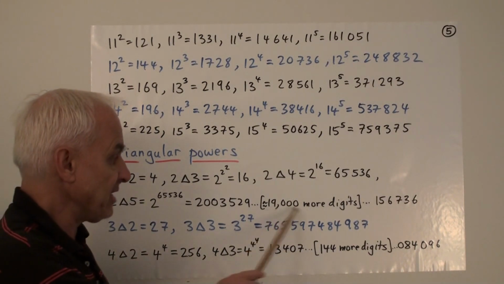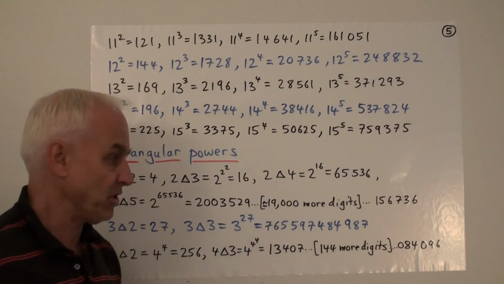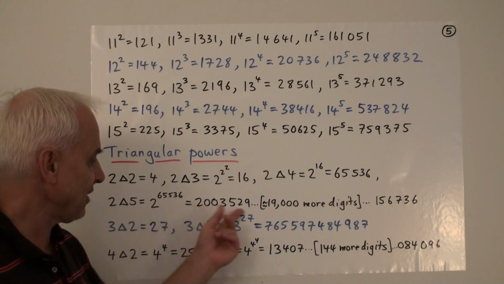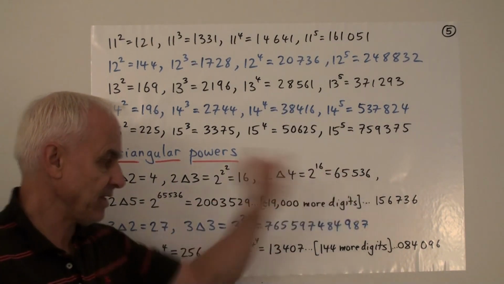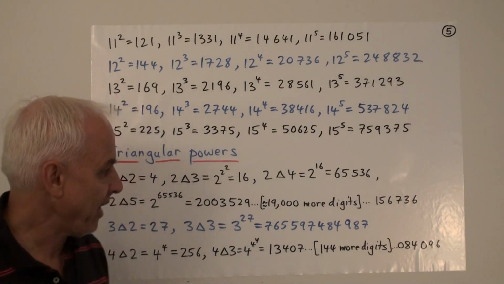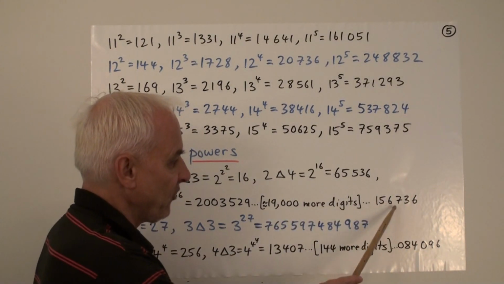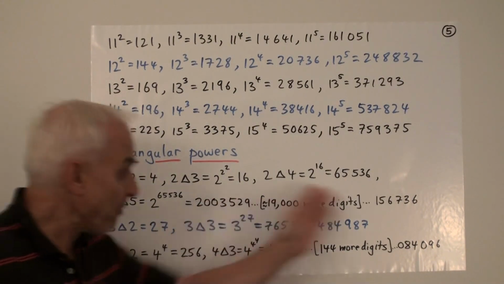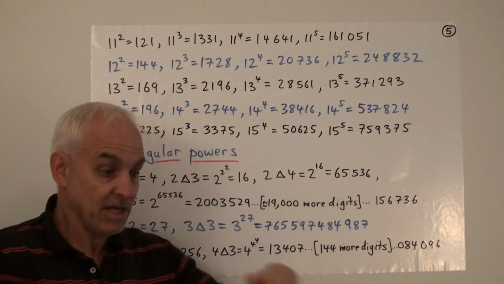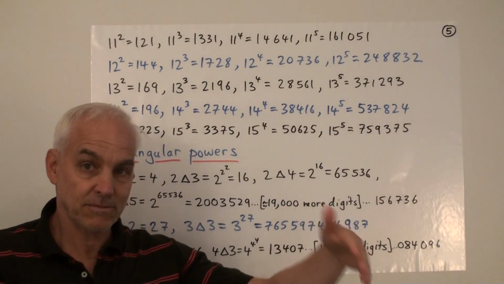And there are about 19,000 more digits between the first couple of digits, which are 2003529, and the last few digits, which are 156736. So this is a very big number, but nevertheless, my computer can spit it out very quickly.